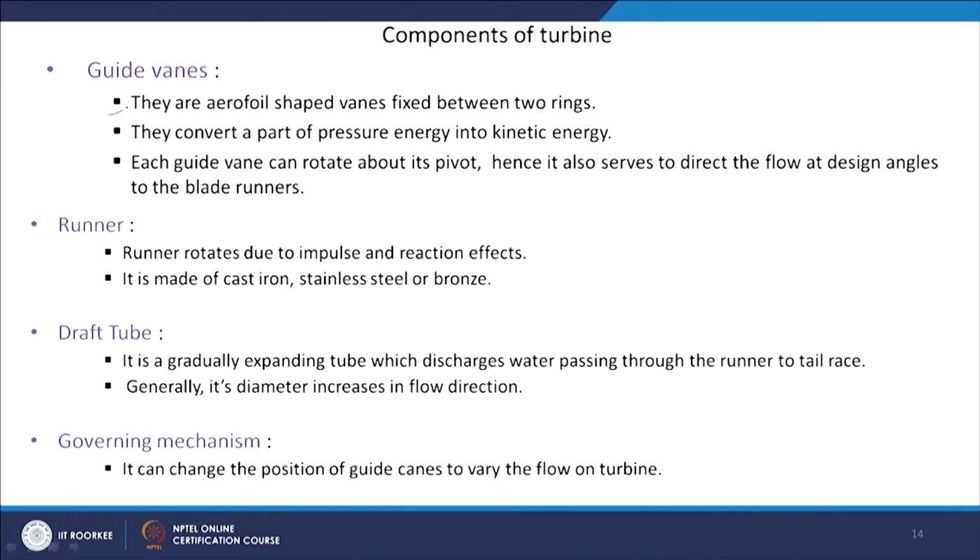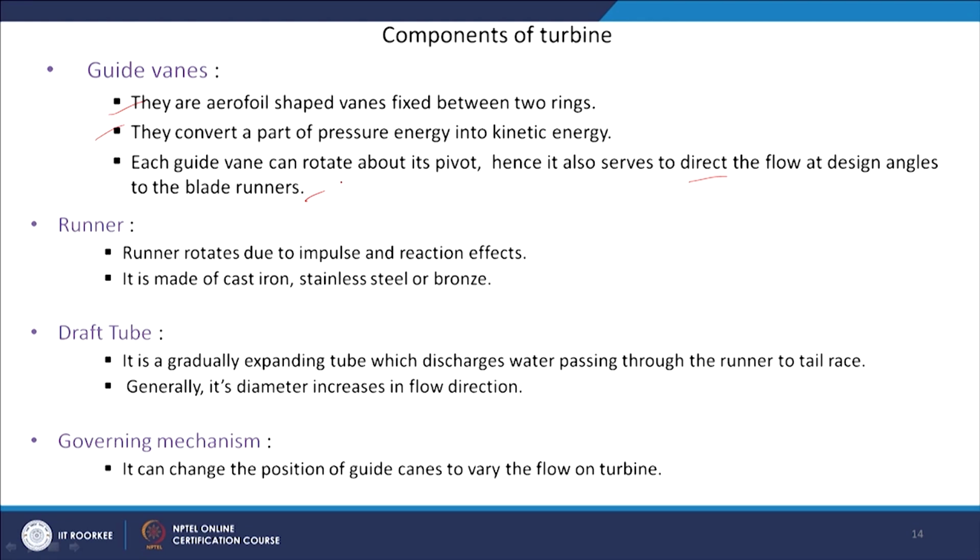Then guide vanes are also very important to control the flow of water into the turbine blades. They are aerofoil shaped vanes fixed between two rings, and they convert a part of pressure energy into kinetic energy. Each guide vane can rotate about its pivot, and hence it also serves to direct the flow at design angles to the runner blades.